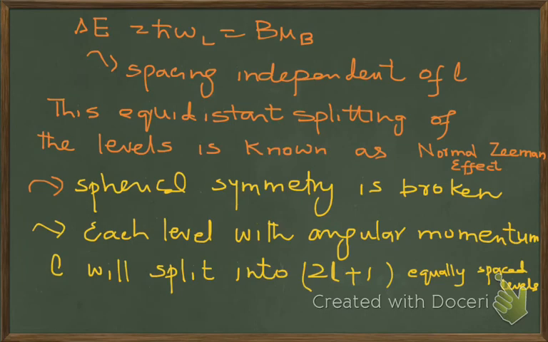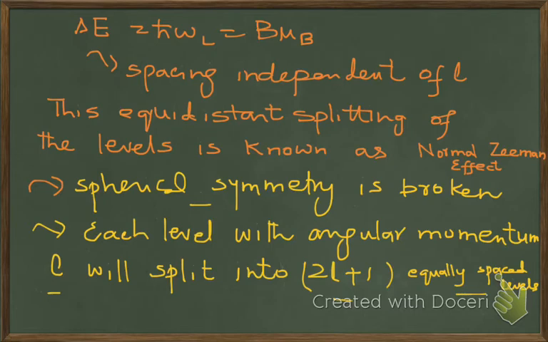So we have concluded, when a hydrogen atom is placed in a uniform magnetic field and we have ignored the spin of the electron, the atom's spherical symmetry is broken, and each level with angular momentum L will split into 2L plus 1 equally spaced levels. The equally spaced levels are important here.